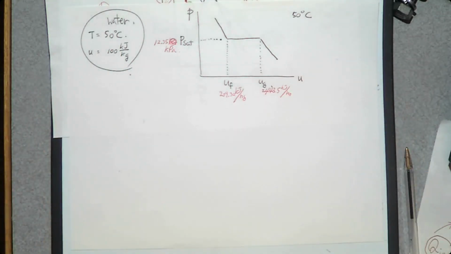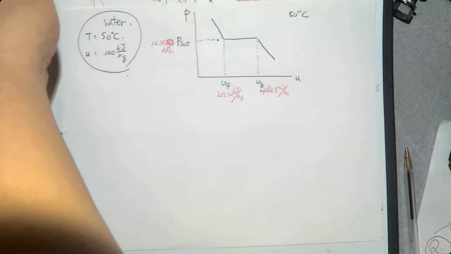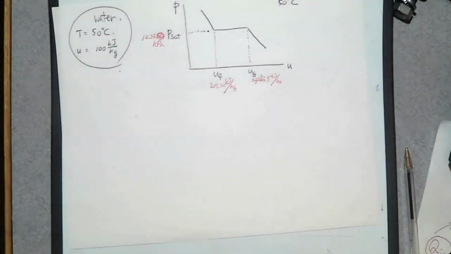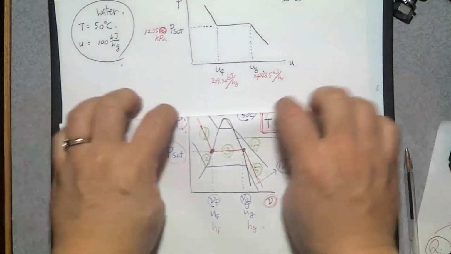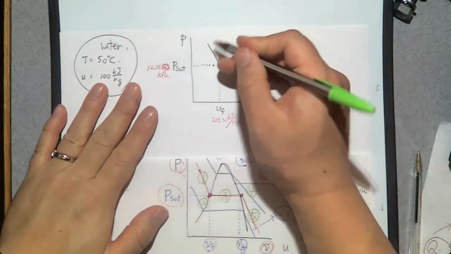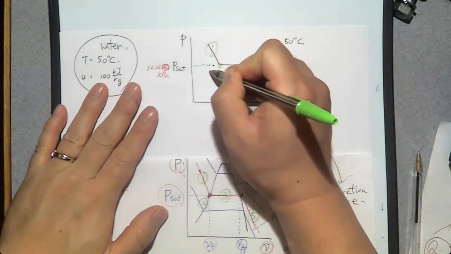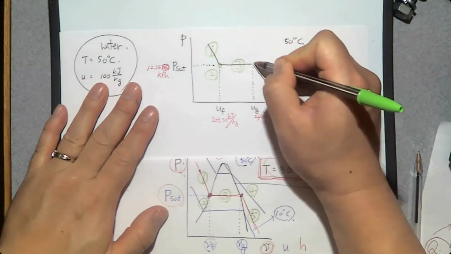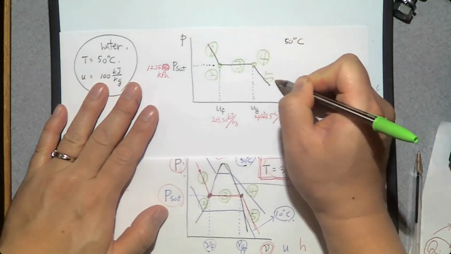That's how you can make this PU diagram. On this PU diagram, the phase change processes are 1, 2, 3, 4, 5. Similarly here: 1, this point, 2, 3, this point, 4, and 5.